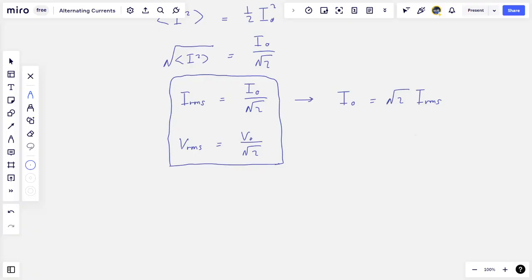Now, why is this important? Well, simply, I'm just going to state this. The RMS value of the alternating current or voltage is that value of the direct current or voltage that will produce thermal energy at the same rate in a resistor.